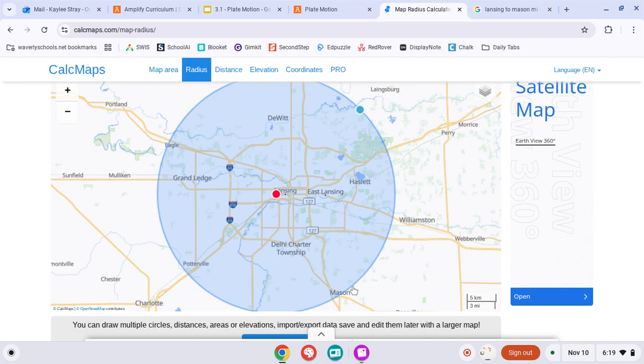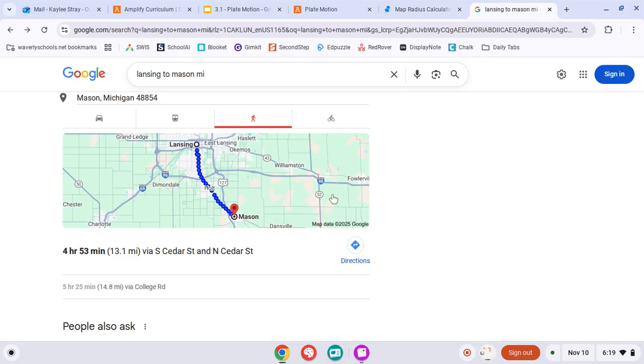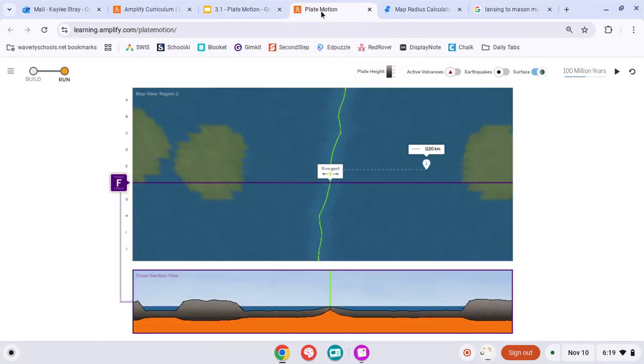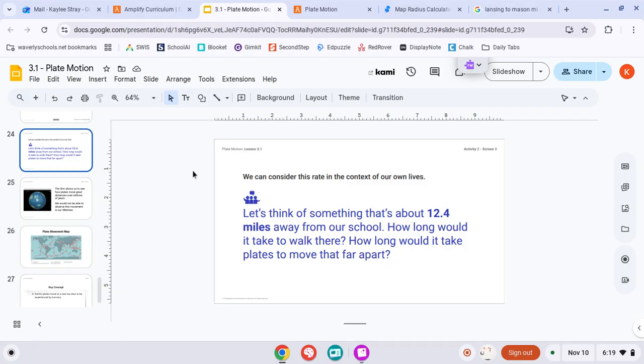So I took Mason, and I wanted to see how long it would take us to walk from our school to Mason. And it takes almost 5 hours to walk all the way over there, which is pretty crazy. So think about how long it takes us to just walk 12.4 miles.